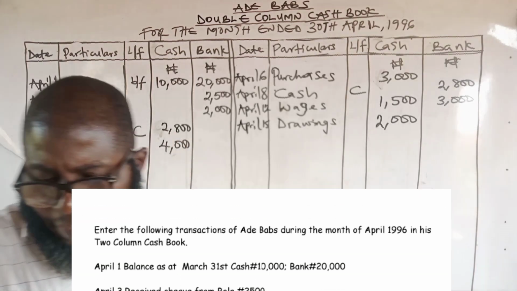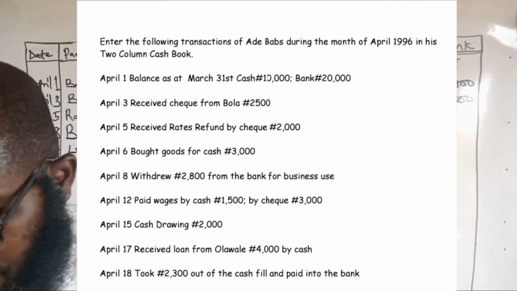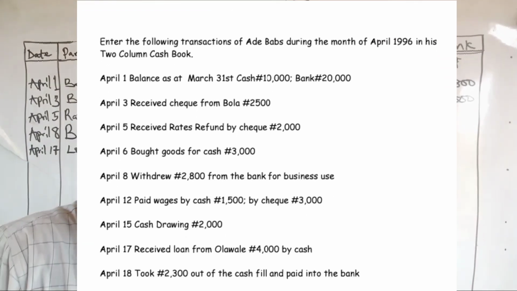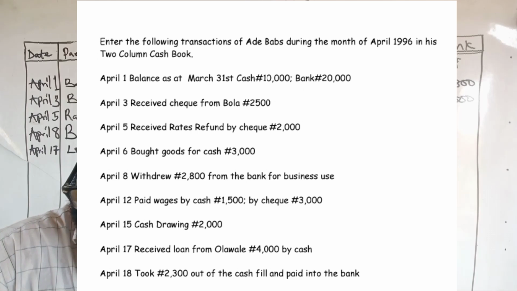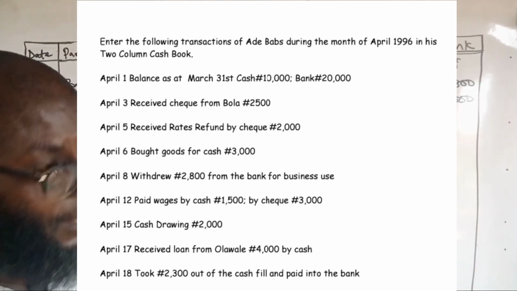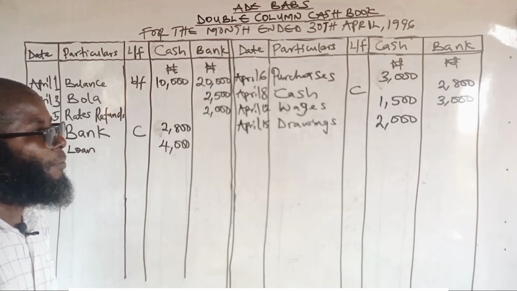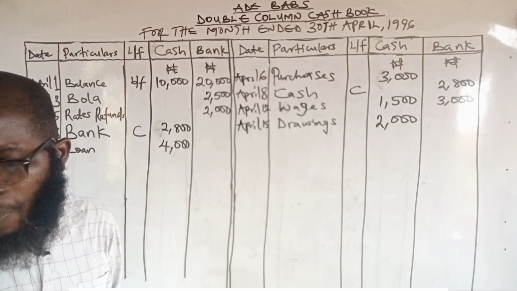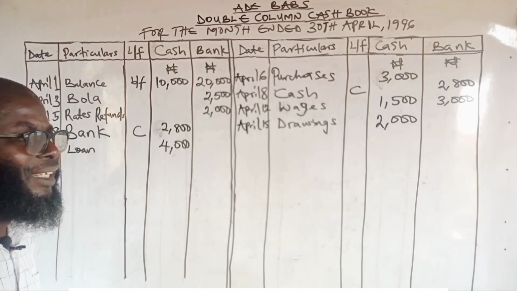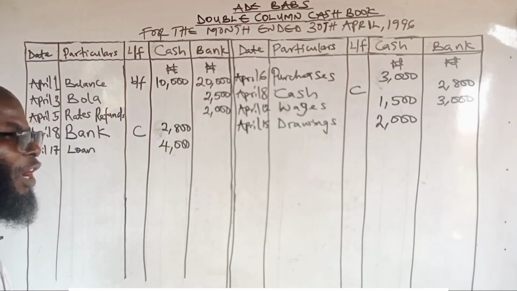Now, the next thing, April 18, took 2,300 naira out of the cash till and paid into the bank. This time around, Adebabs, I am the one bearing the name. I took 2,300 naira from the cash account in the office.